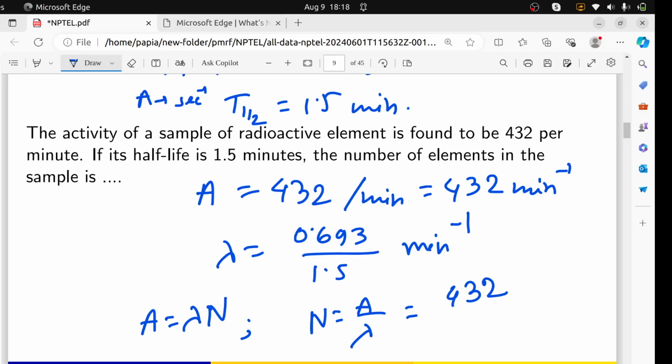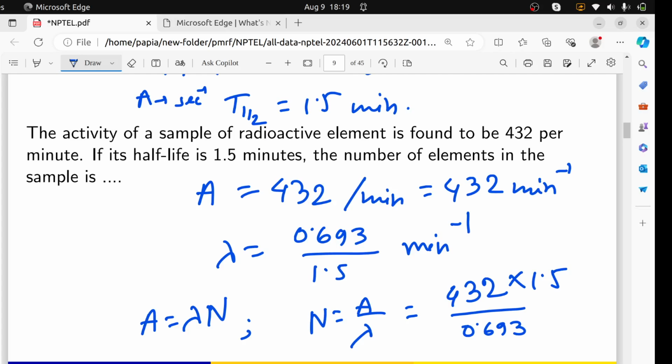Okay. So I am telling you that you should be consistent with the unit throughout the calculation. But here you can see this is per minute and this is also minute. So lambda will be per minute, and A is also per minute. So N will be simply 432 divided by 0.693 by 1.5.